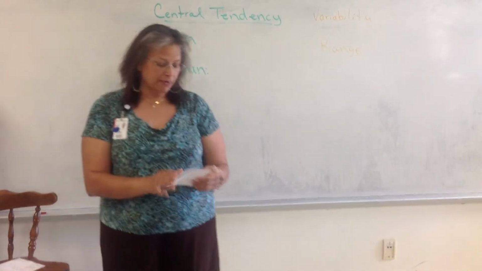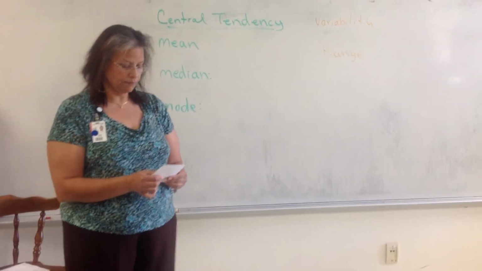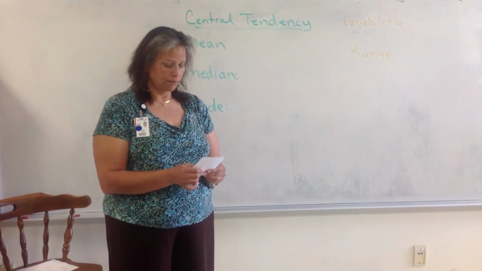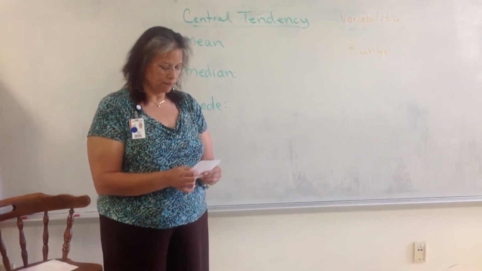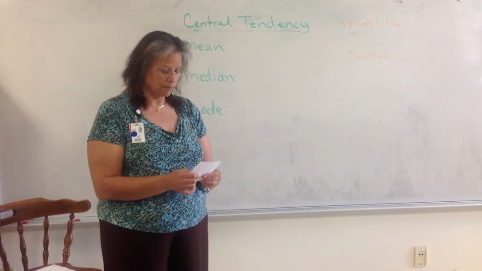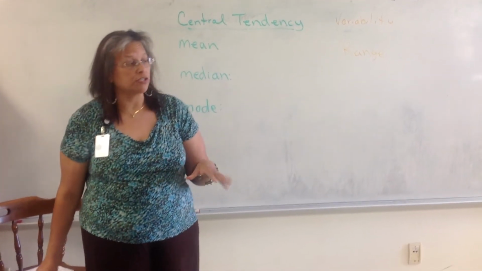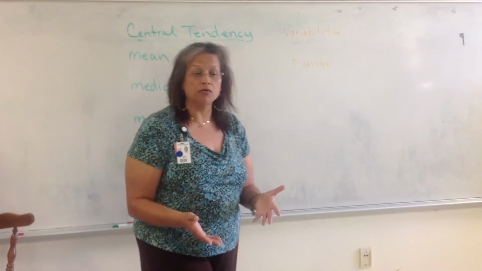All right, Jack, tell us about the mode. The mode is found by identifying the value that occurred more often than any other value in the set of data. There may be no mode, 1 mode, or more than 1 mode. So that's already answered my question. It's the number that occurs the most, and we can have more than 1 mode.